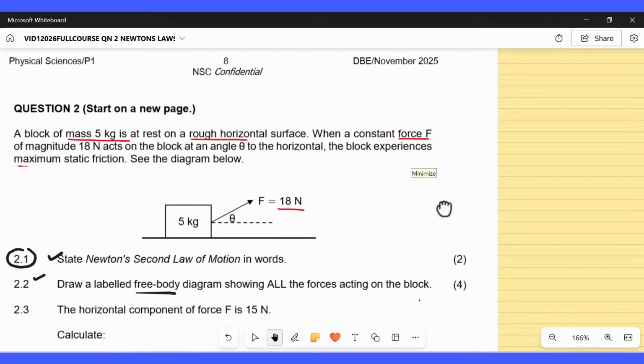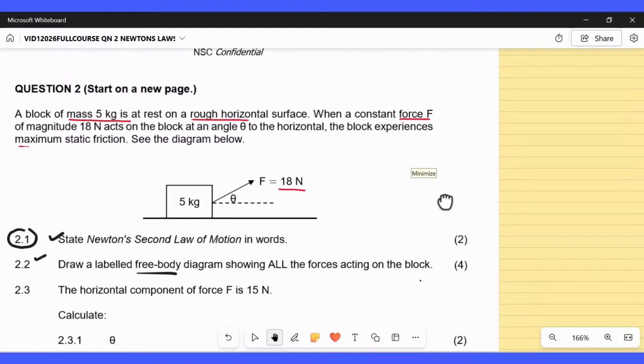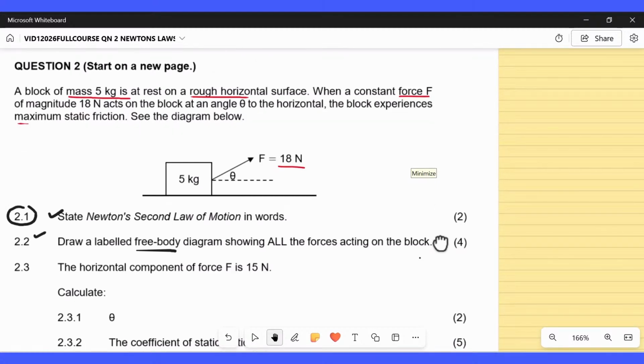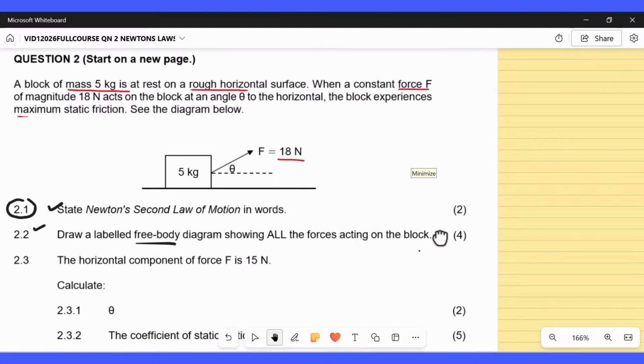So now this block has got weight. Then the surface exerts a normal force. And then because it is going to be opposing motion, that is the static friction, and then the applied force here. But because we want a free body, you're going to have it like this now.